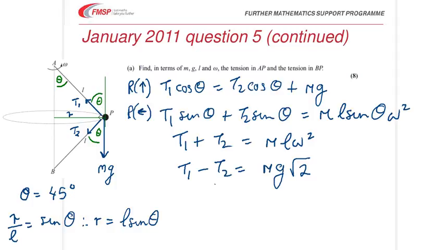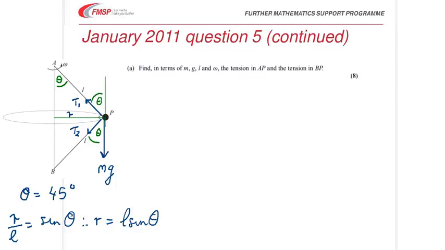and we get T1 equals m over 2 into L omega squared plus root 2 g.